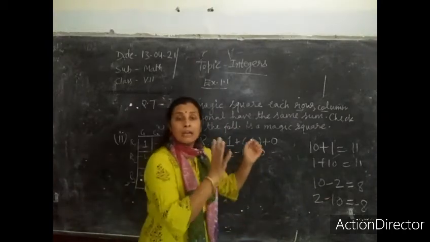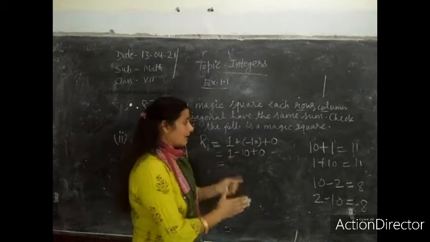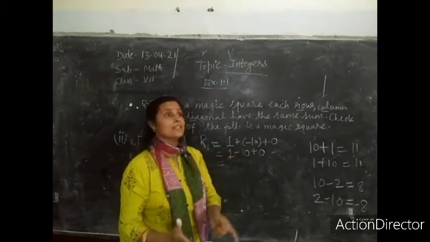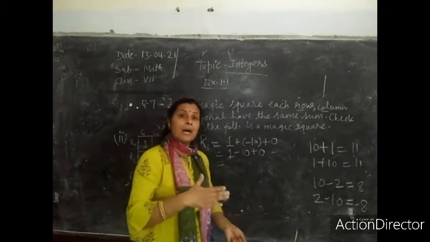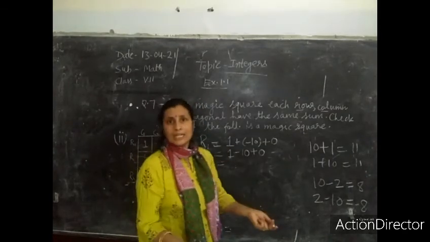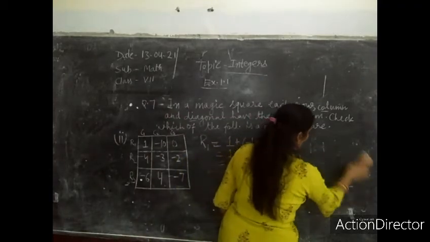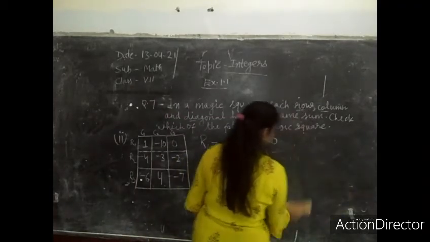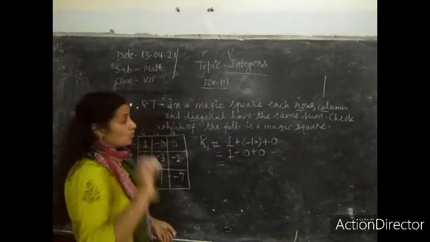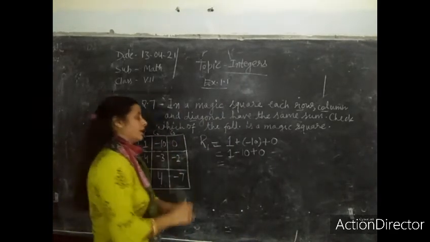But we are not learning here the addition or subtraction of natural numbers. We are learning here about integers. Integers are nothing but all the positive and negative numbers including 0. Understood? I mentioned the definition as well in your notebook. I explained it very well in your classroom, so you have to keep it in your mind and recall it.